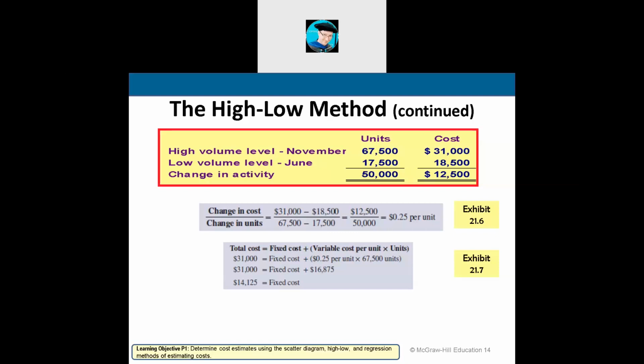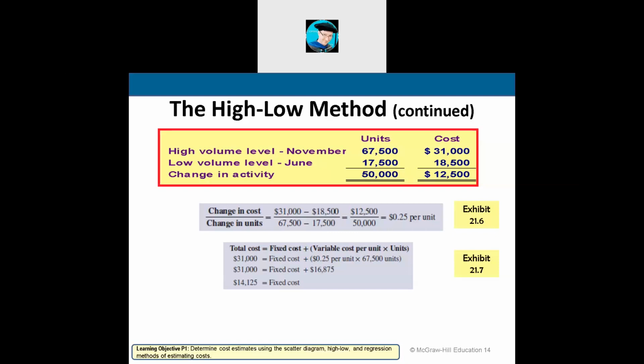I take my change in cost, 12,500, divided by the change in the number of units, 50,000. So 12,500 divided by 50,000 gives us a change of 25 cents per unit.